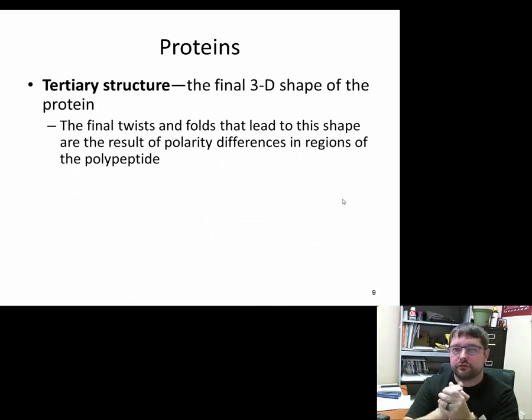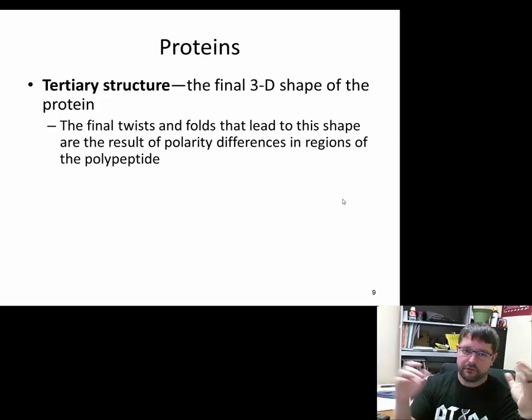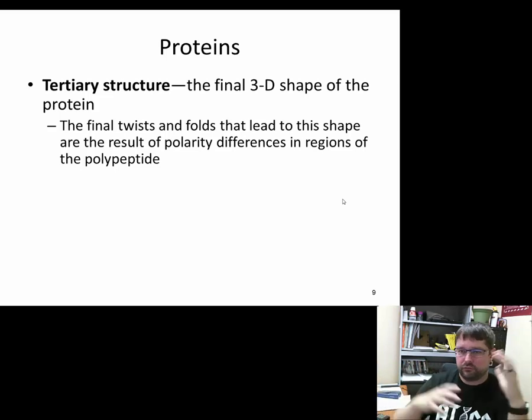The tertiary structure is often the final form of certain types of proteins, and they'll be in a 3D shape. That's really just how they twist and how they fold, and all the possible combinations along that polypeptide chain of helixes and sheets and coils, etc., folded together in one big form.